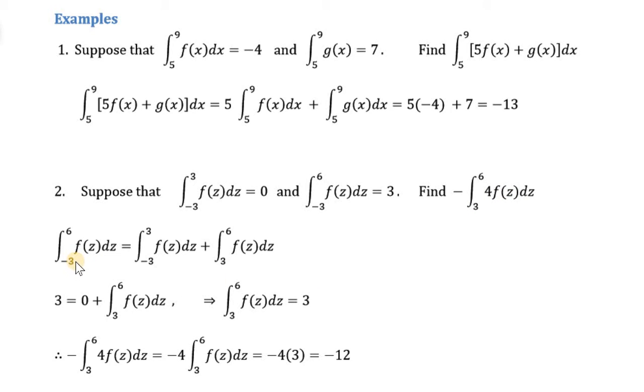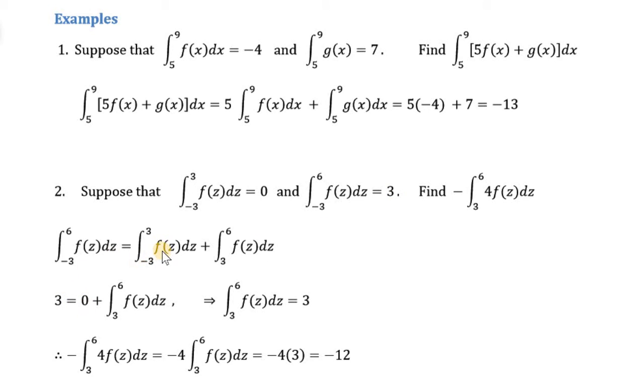Right, so again, playing with the property, we can split. Okay, so negative 3 to 6, we can split. It becomes negative 3 to 3 plus 3 to 6. For the integral of f from negative 3 to 6, it is given, which is 3.